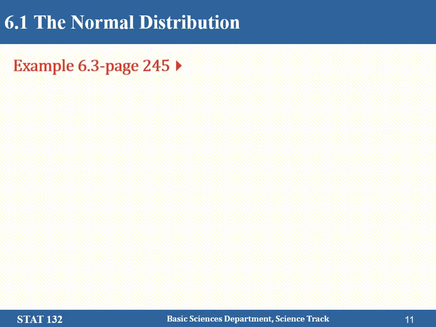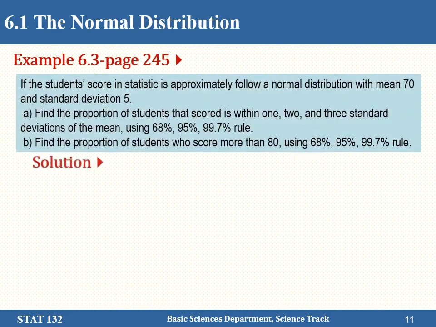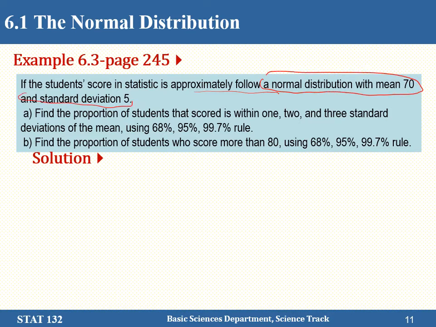Let's look at this example. Student scores in statistics approximately follow a normal distribution with mean 70 and standard deviation 5. Find the proportion of students who scored within 1, 2, or 3 standard deviations of the mean using the 68%, 95%, and 99.7% rule.